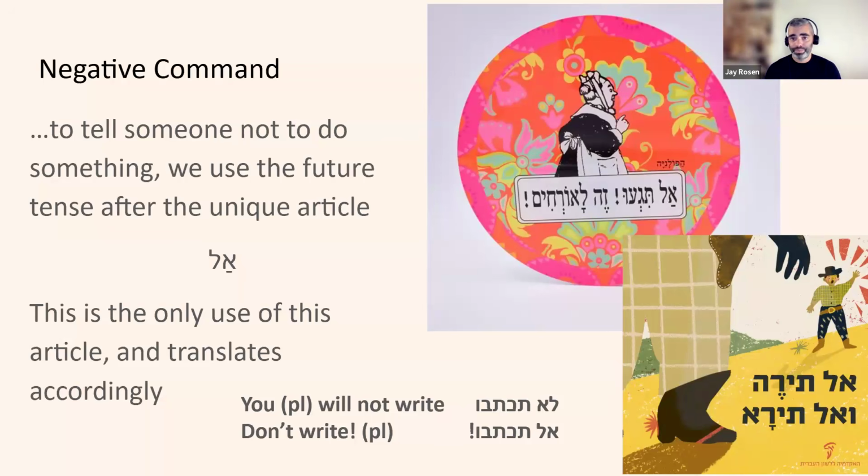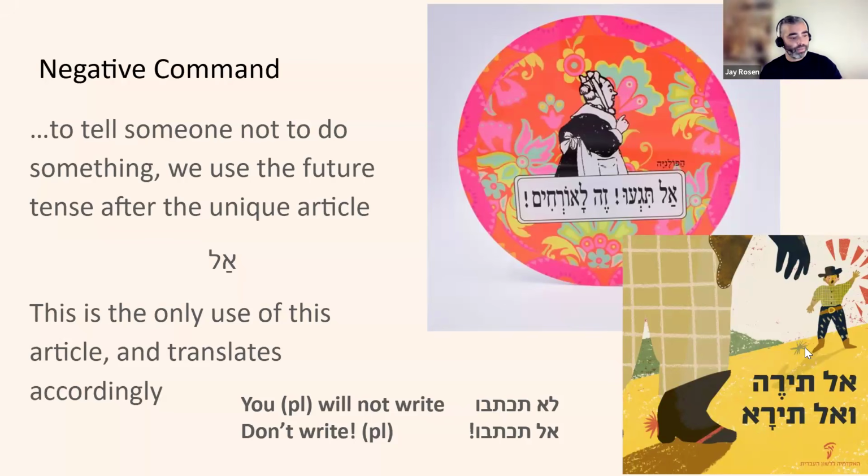So for example, as you see here on the right, another one from Polania, al tig'u ze le'orchim. Don't touch, exclamation point, you plural, don't touch, ze le'orchim. This is for guests. This is for the guests, excuse me. Okay? Al tig'u ze le'orchim.